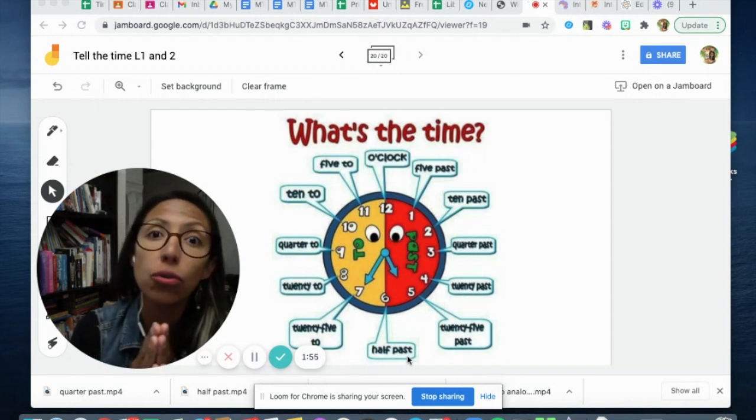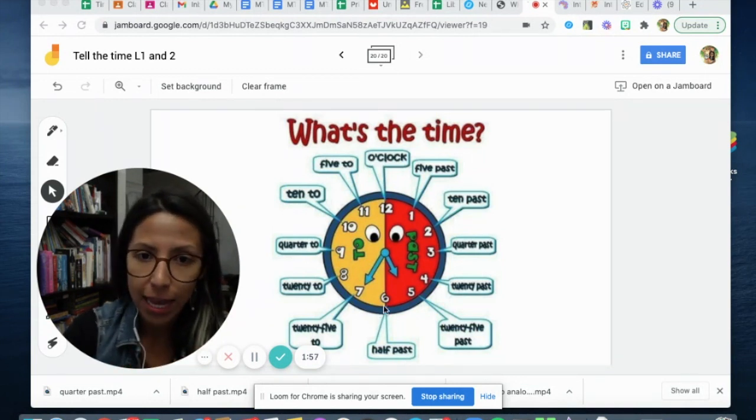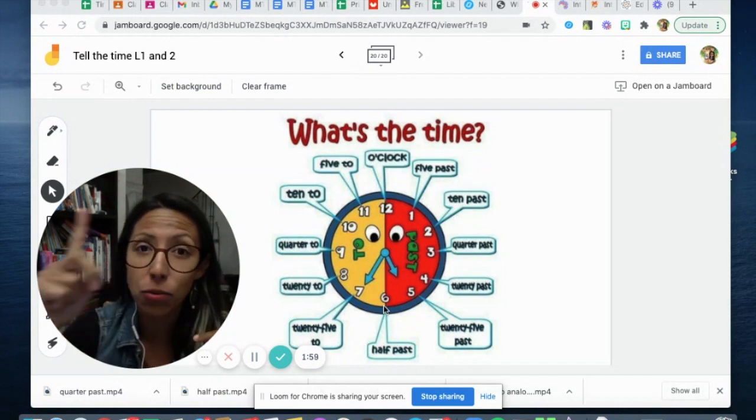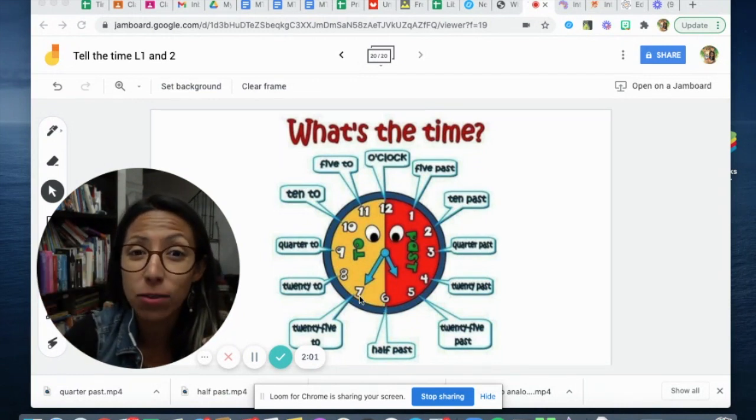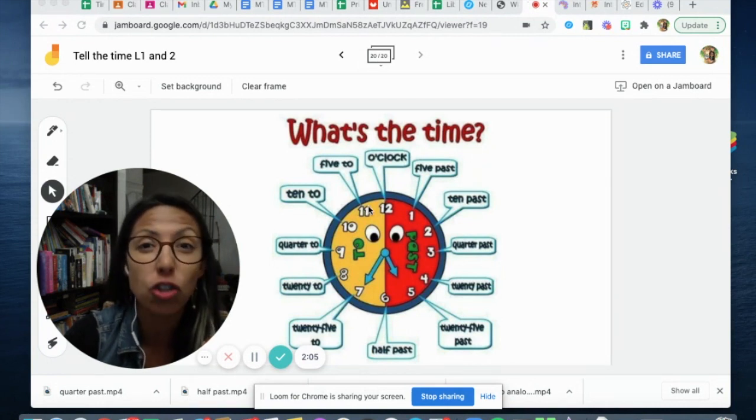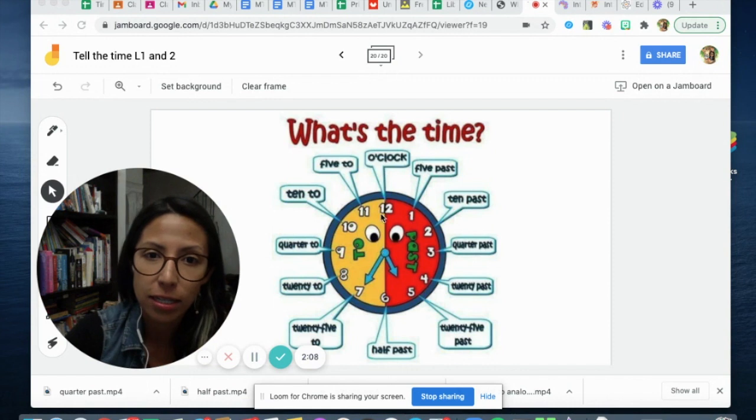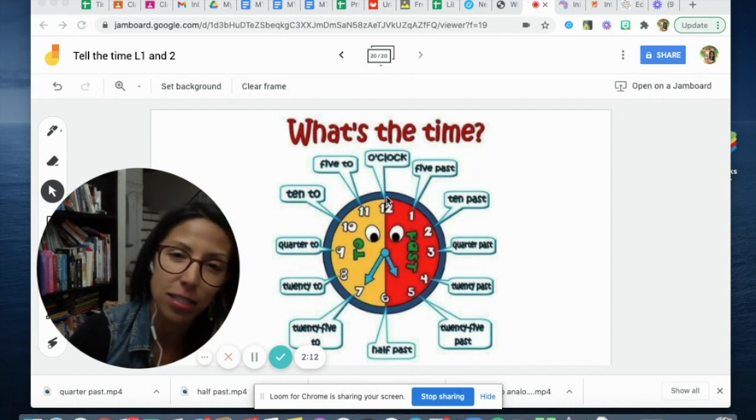And right there on the 30, or half, we stop using past and we're going to use to. And we're going to count backwards. So we will be counting the minutes left, or the minutes to get to the next hour. So we will count from 12 backwards.